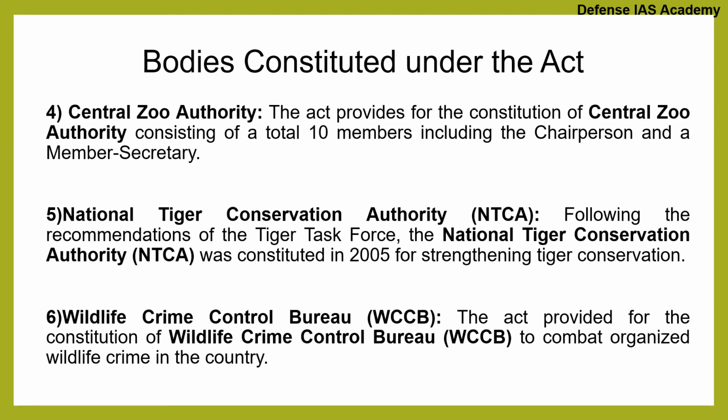And this particular bureau also has the power to advise the Government of India on issues relating to wildlife crime, whether it has national or international ramifications, and its relevant policies and laws. So those are the 6 bodies that are constituted or that come under the Wildlife Protection Act.